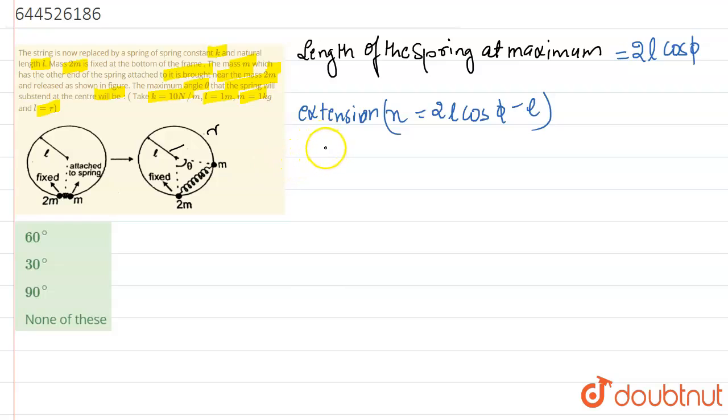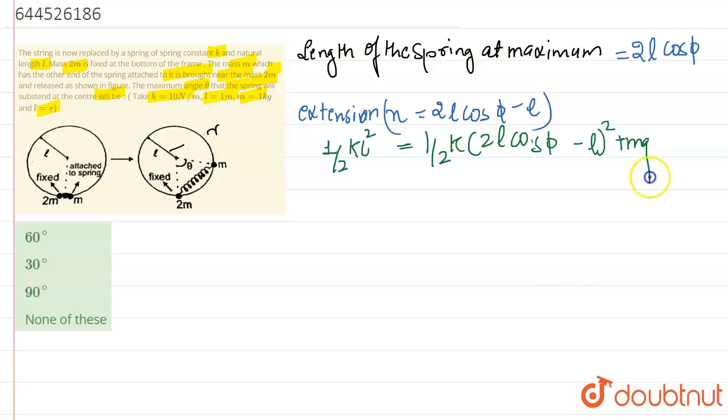So by using this, half KL square is equal to half K (2L cos theta, or you can call it cos phi, minus L) whole square plus mgL (1 minus cos theta). Sorry, it is cos theta here: mg(L minus L cos theta).